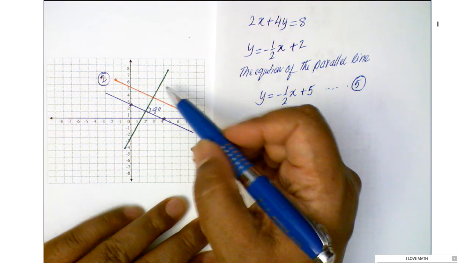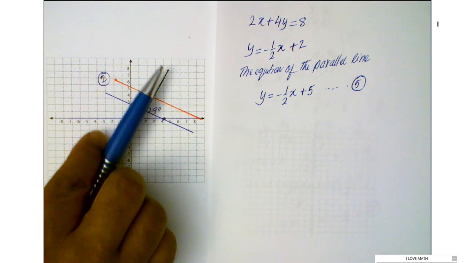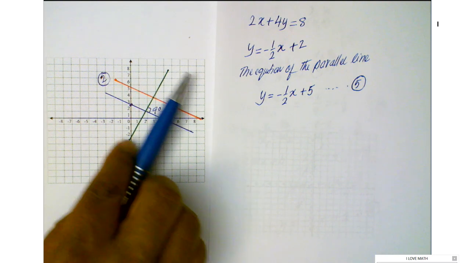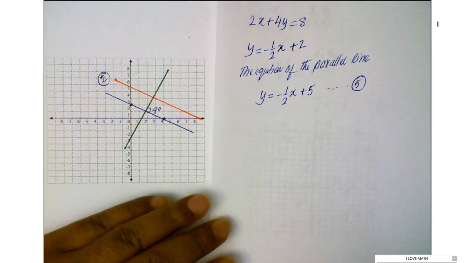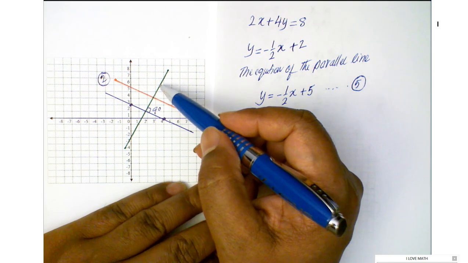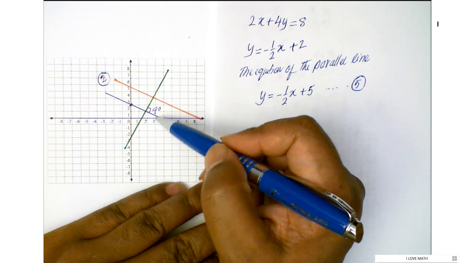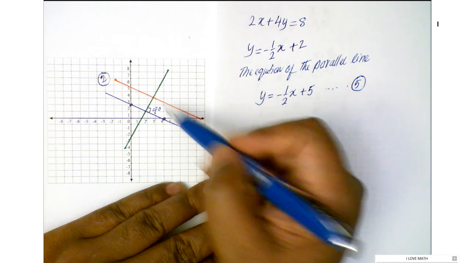So this is one of the lines. You can draw many lines. If you draw the lines here, here, here, here, here, they're all going to be perpendicular. So this question also has multiple answers. So what do we know about a perpendicular line? What is the relationship between the green line and the blue line? We only know they are perpendicular to each other.